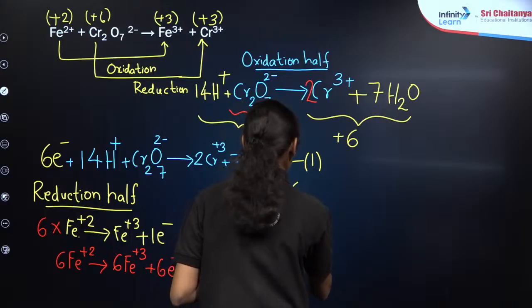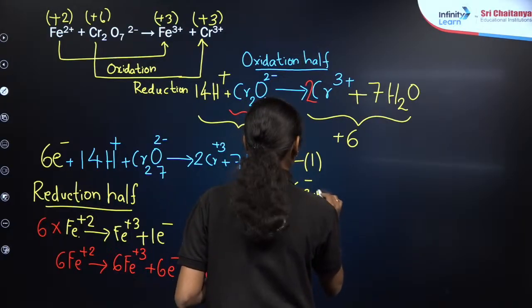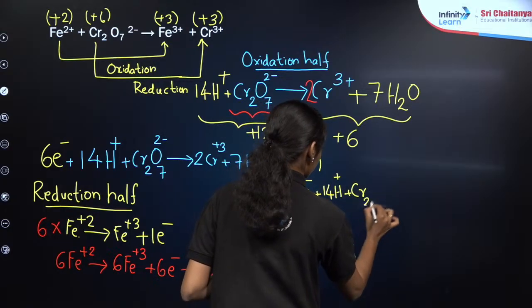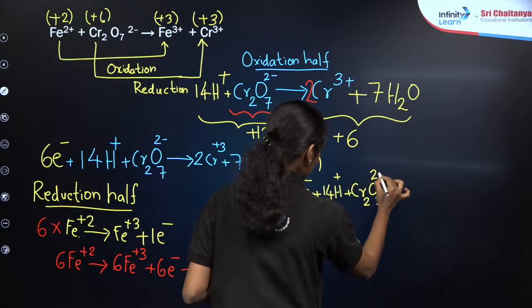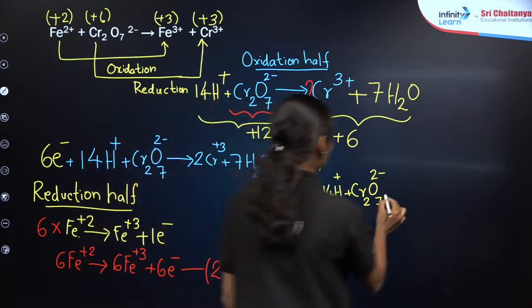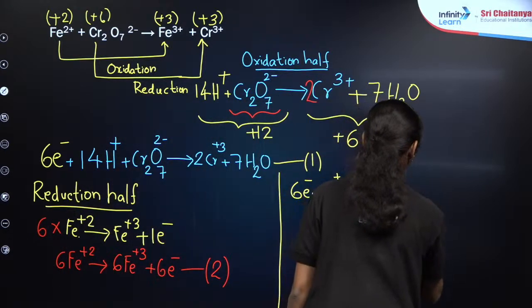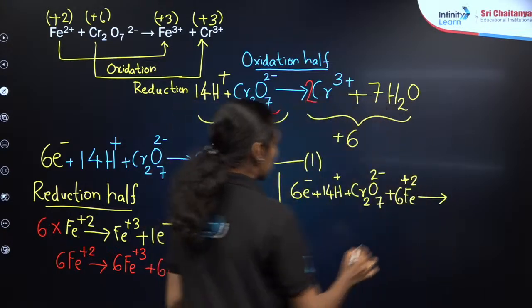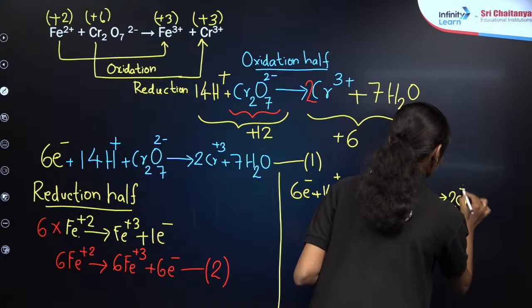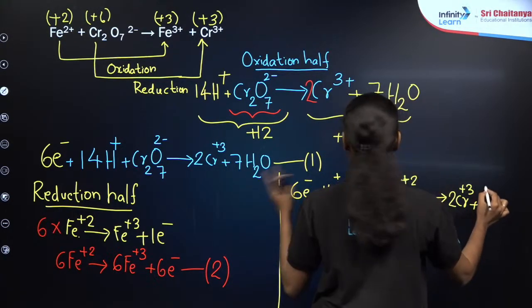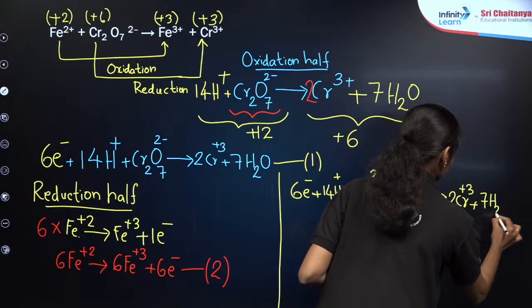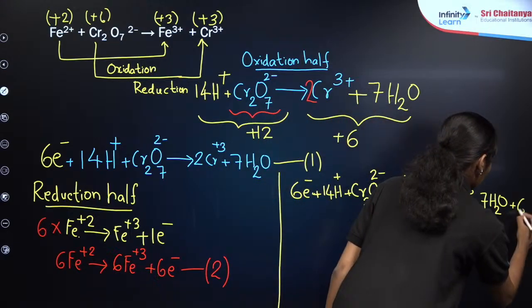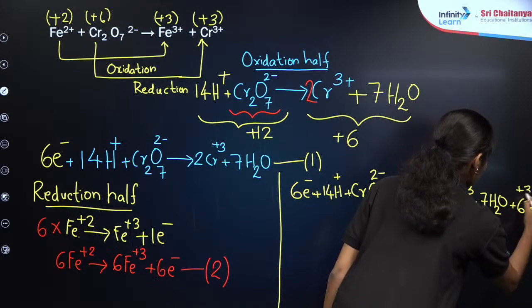This is our oxidation half, that is 6 electrons plus 14 H+ plus Cr2O7 2-, plus 6 Fe2+, gives 2 Cr3+ plus 7 H2O plus 6 Fe3+ plus 6 electrons.